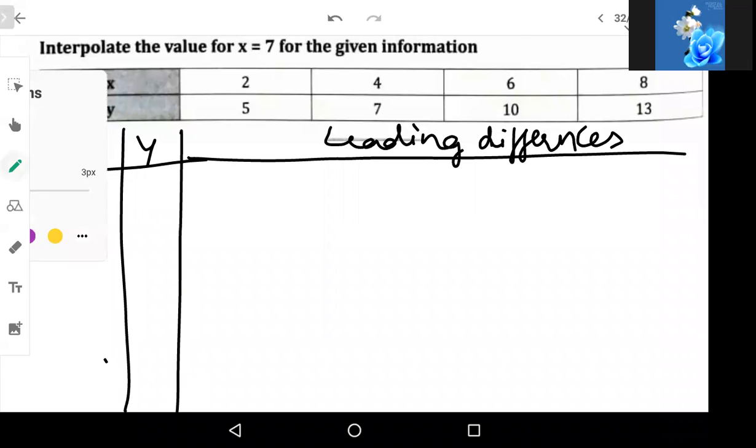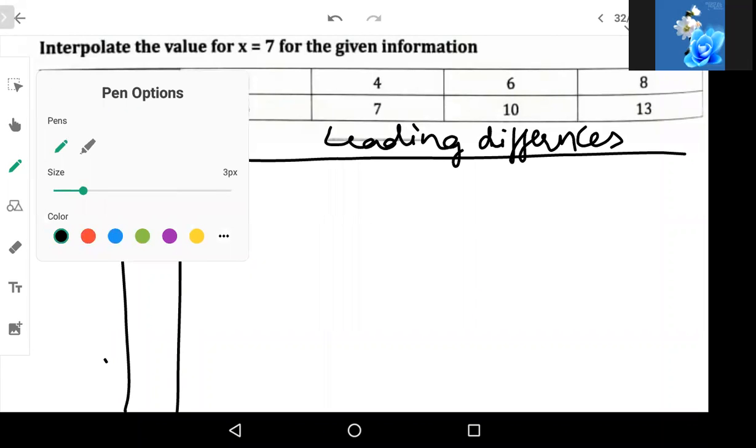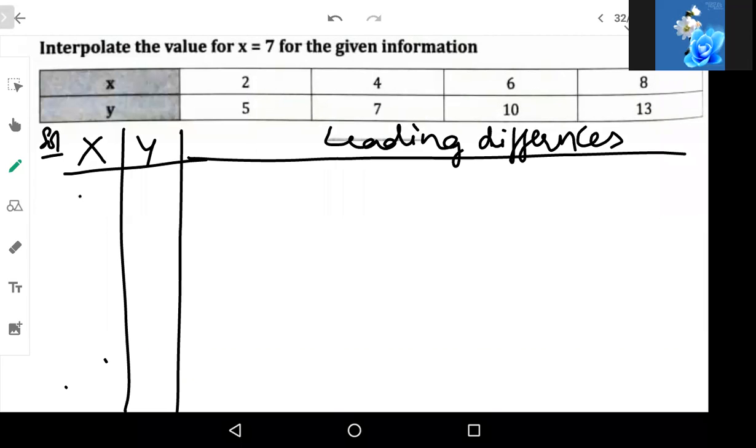Here let us write down the values of x as well as y. So x is 2, 4, 6, 8. Leave a little gap so that you will get the other values in between them properly. Leave one line, I think that would be enough. So the x values 2, 4, 6, 8 are written.